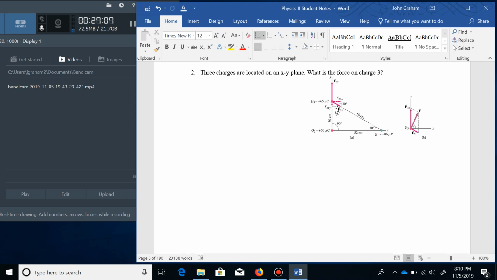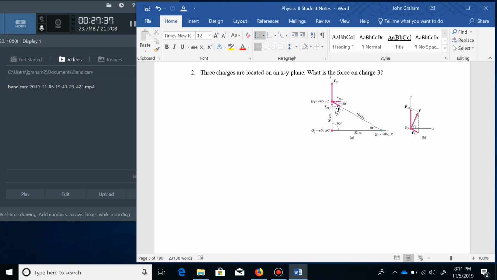We have 2 forces here, so we're going to end up with an overall force somewhere in between those 2 forces. These forces that you see, this one pulling down and this one pulling to the right, are the components of the force from Q1. These two we're going to have to find in order to do the math here.